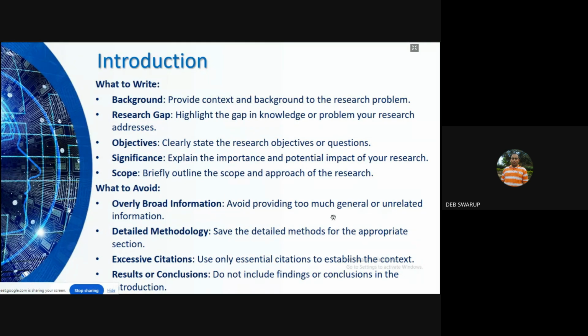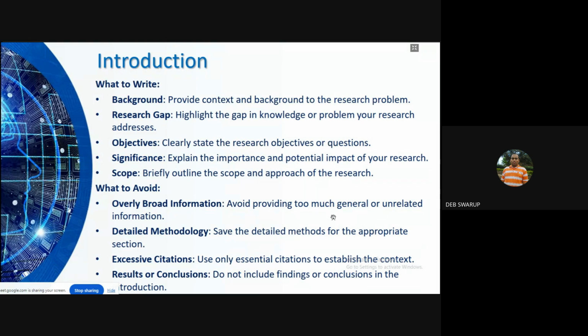Now let us go to the detailed methodology. There is a different section called methodology in the paper. If you describe everything in the introduction, people will start losing interest in your paper, because they will think, okay, these are the methods they used, so these are the things they might have done.